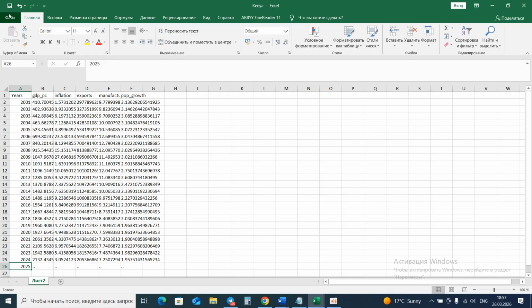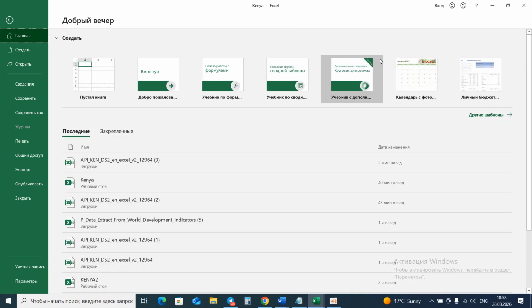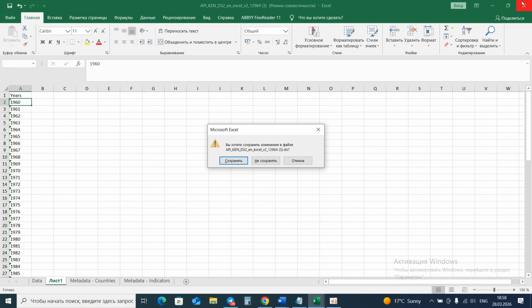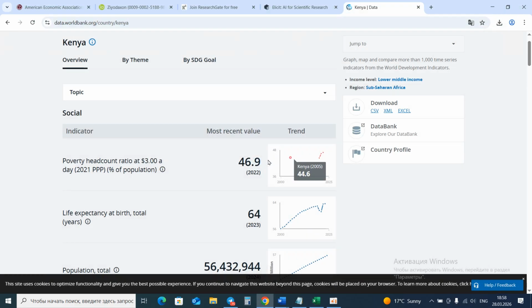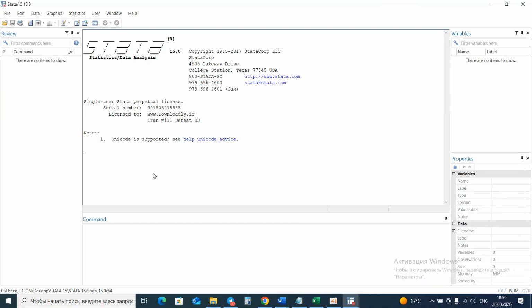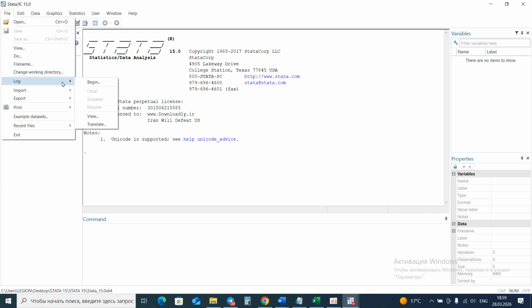So after saving it, I've already saved it. We have to open our Stata. Here it is, and import our file to Stata to work with it.